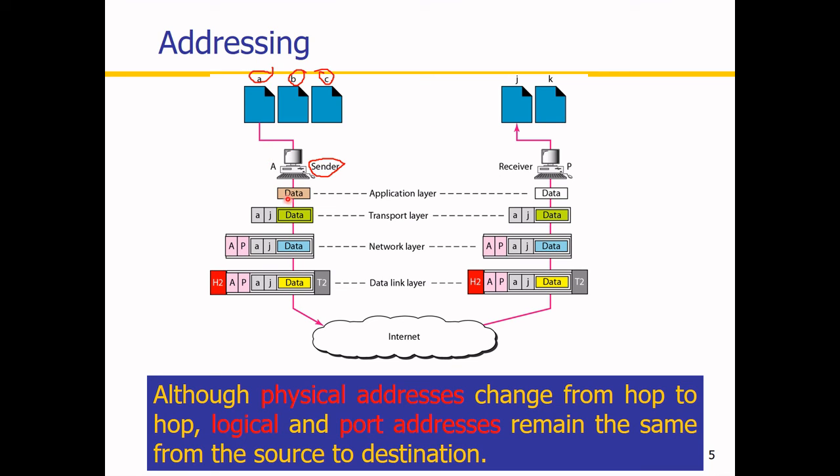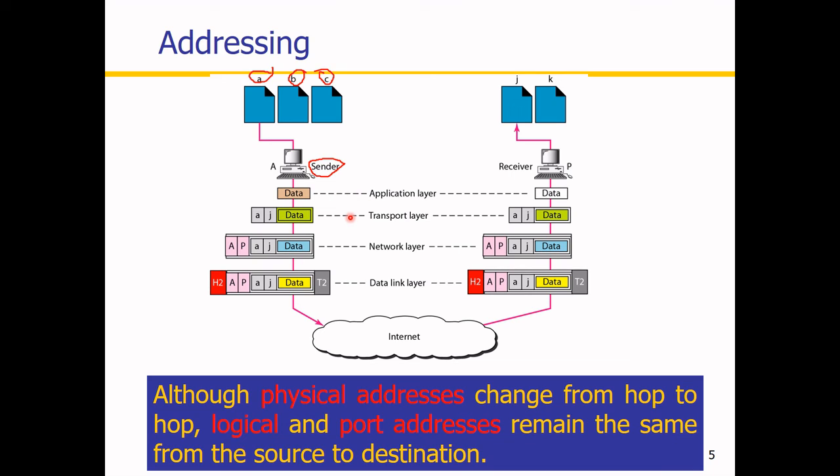So basically the idea you need to keep in mind is that when data comes to the transport layer, it will add the port addresses, the sender port and the receiver port. In this particular scenario, process A is trying to communicate with process J of the receiver, okay?